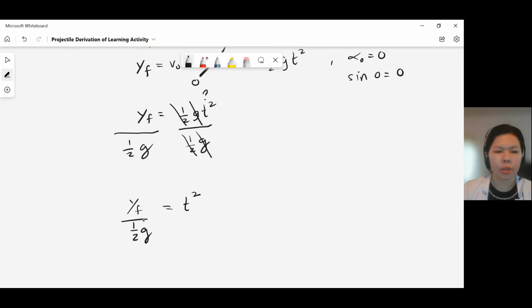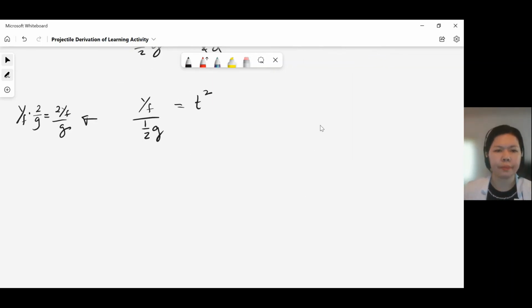Let us first express the right side of the equation as numerator times the reciprocal of the denominator. 1/2 g is g over 2, so times 2 over g. So 2 YF over g equals t squared.